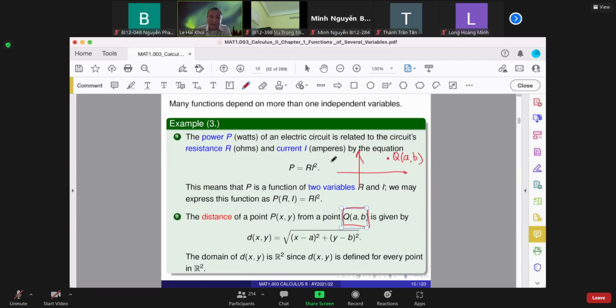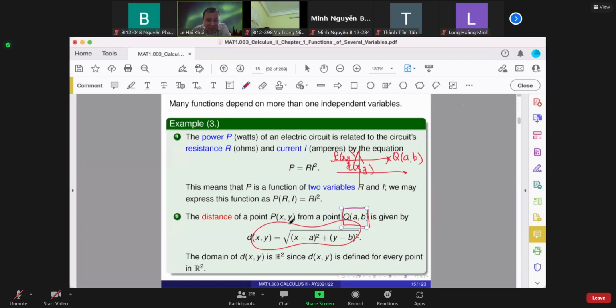And any point P with coordinates x and y on the plane, you can measure the distance D of x, y from P to the fixed point Q of a, b. And D of x, y is computed by this Pythagorean formula, distance, square root of (x minus a) squared plus (y minus b) squared.